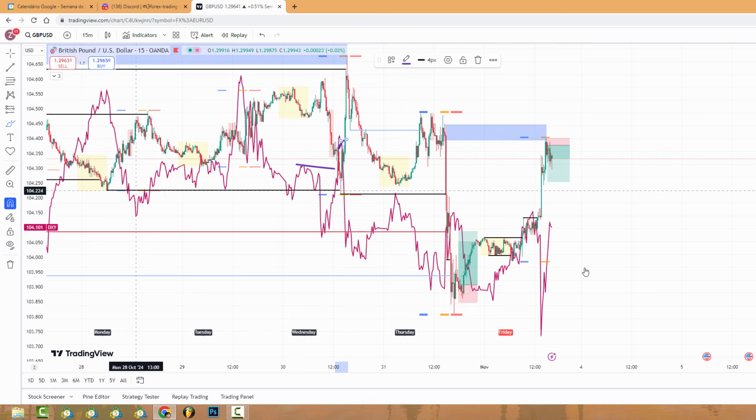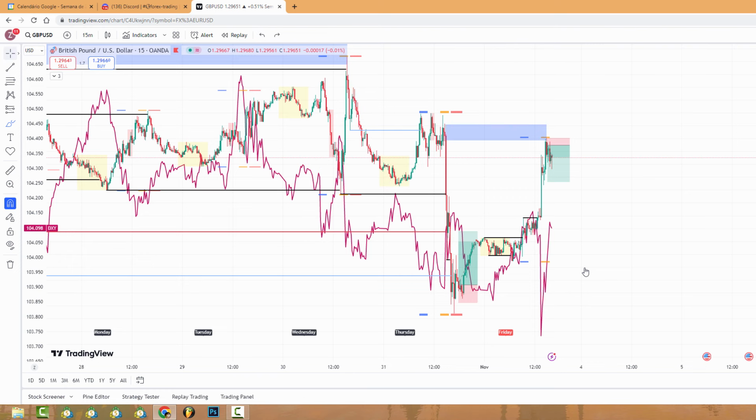And on EU, we're going down, and we just break this liquidity lower. So the DXY comes down, EU comes up. Perfect confluence tool for you to buy. Then you got the lows that are broken, you got the highs that are broken at the same time. Same exact time. Perfect confluence again.